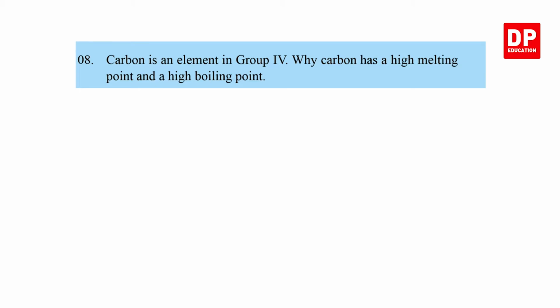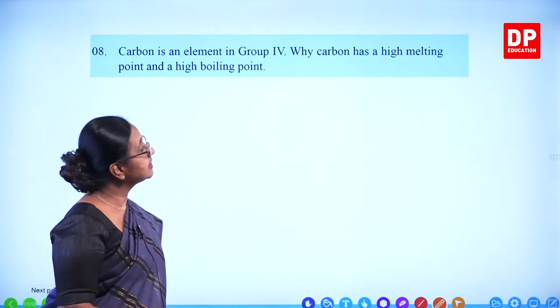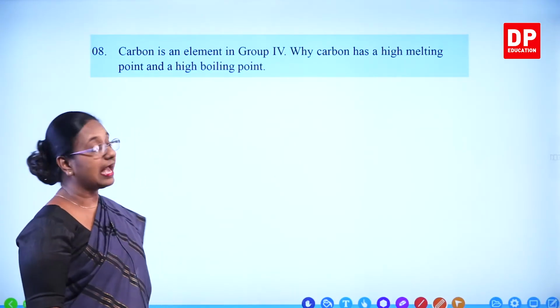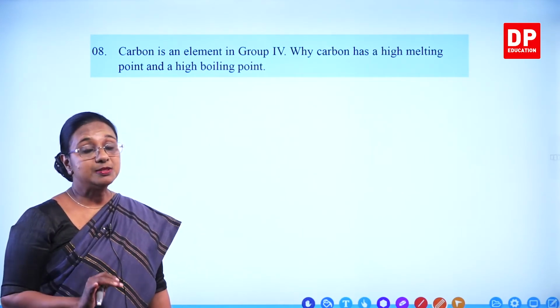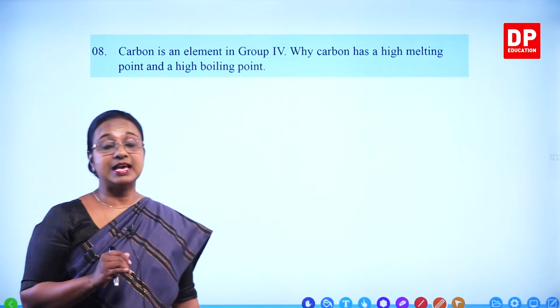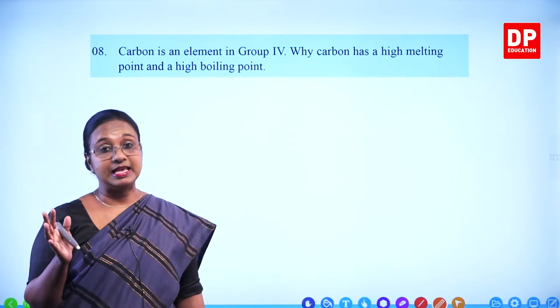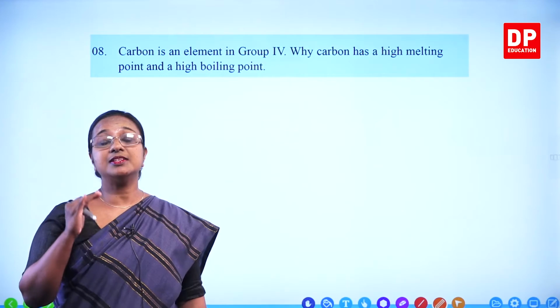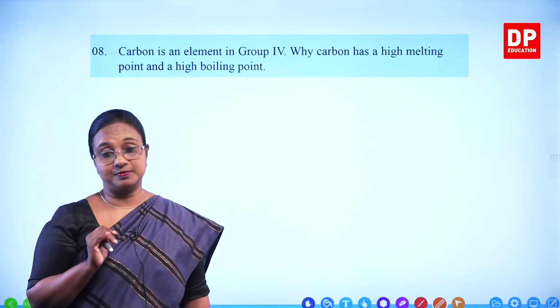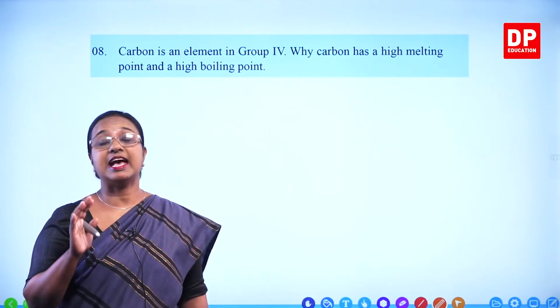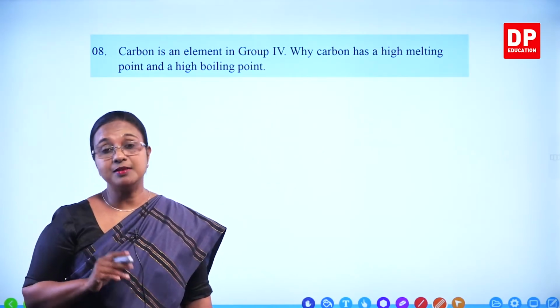Question number 8. Carbon is an element in group 4. Why carbon has a high melting point and a high boiling point? Why does carbon have a high melting and boiling point? What is the reason, students? That is because carbon exists as atomic lattice, and in the atomic lattice there is the strong covalent bond between the carbon atoms, and because of that they have a very high melting and boiling point.